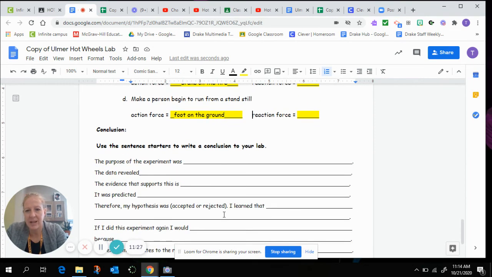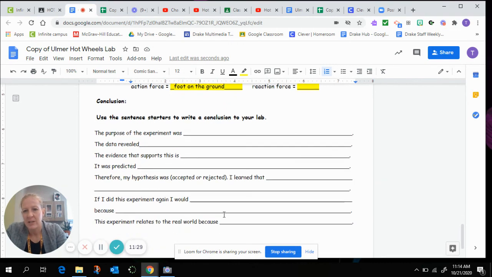Okay, the last part of the lab is to write a conclusion. In your conclusion, you're going to identify the purpose of the experiment. In part 1, we were looking specifically at how the force on the car affected acceleration. And in part 2, we were looking specifically at how the mass of the car affected acceleration. The second question, what did the data show or tell you?